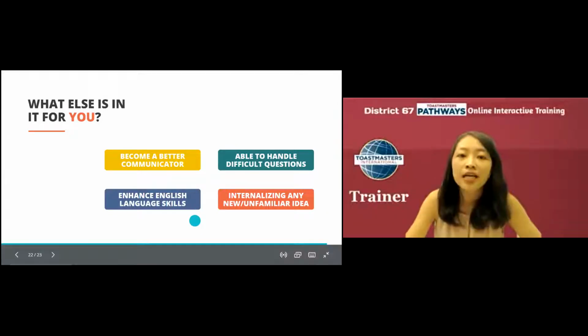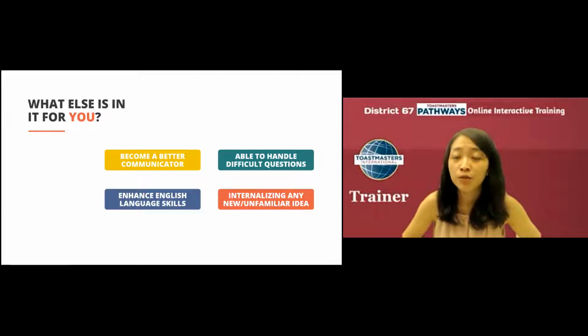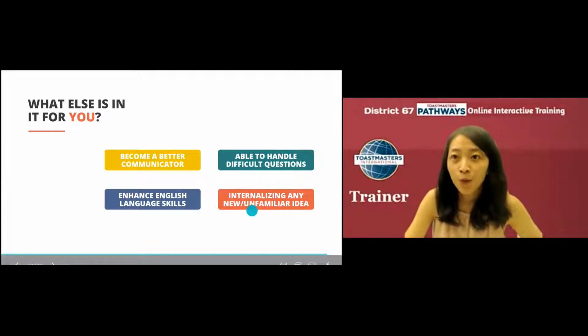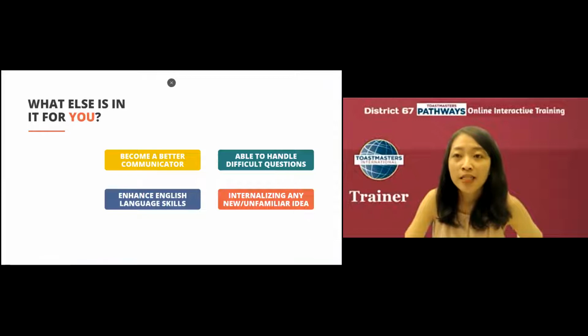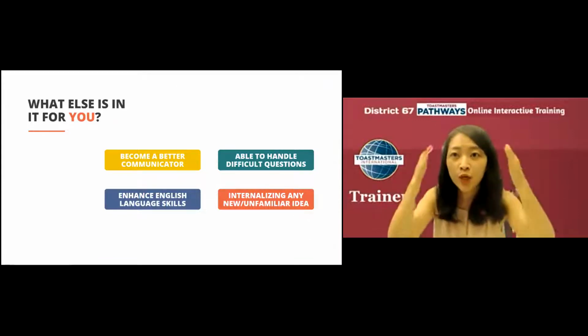And then the third one is that this way you can also boost your English language skills. It actually helps you learn faster, especially if you're an English learner. And the last one is that you can internalize new or unfamiliar knowledge in a faster way. So by paraphrasing, you can learn new knowledge and internalize it into your head.